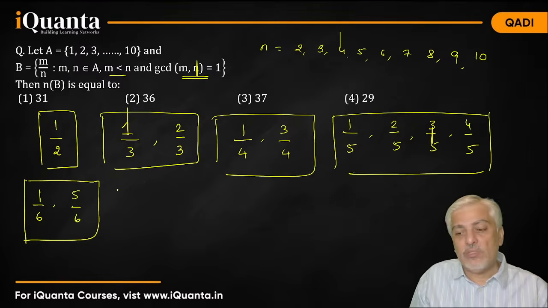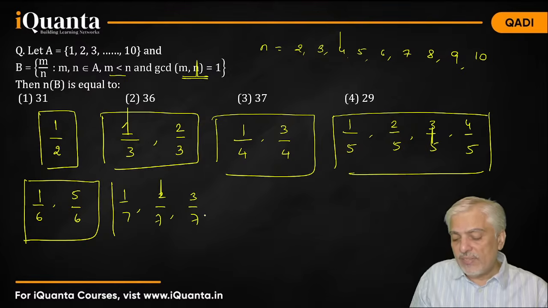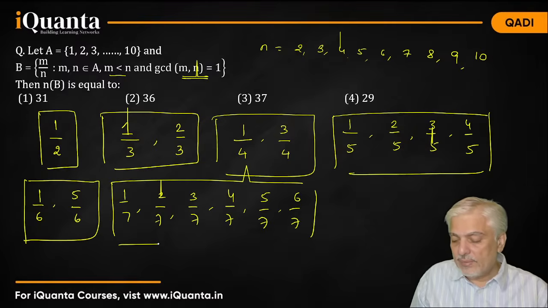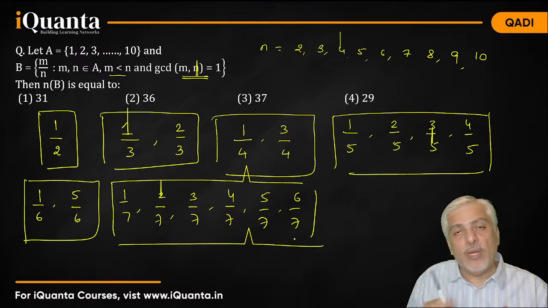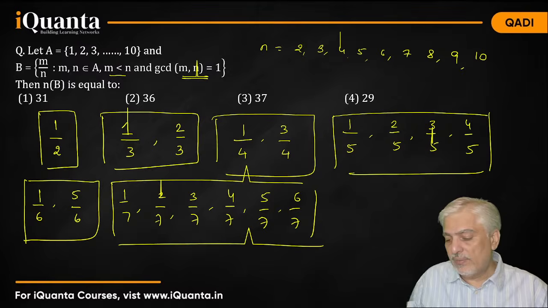7 ke liye everything will work because 7 is prime. So 1 by 7, 2 by 7, 3 by 7, 4 by 7, 5 by 7, 6 by 7. 8 के लिए only 1, 3, 5, 7 will work.